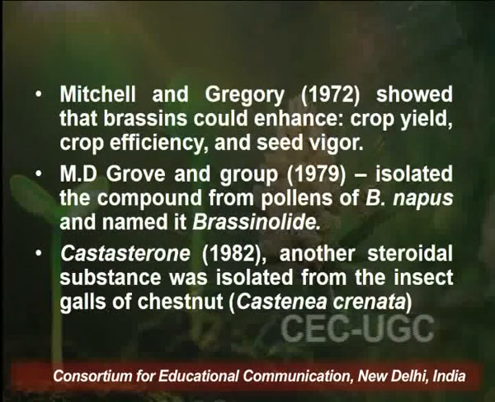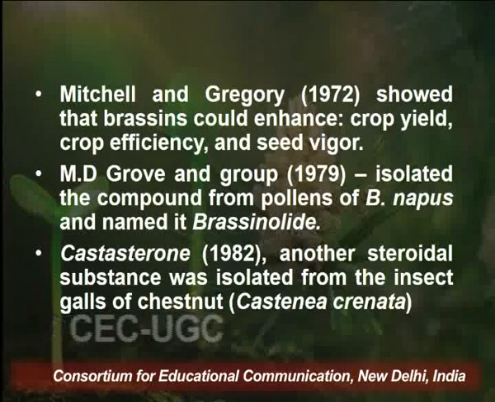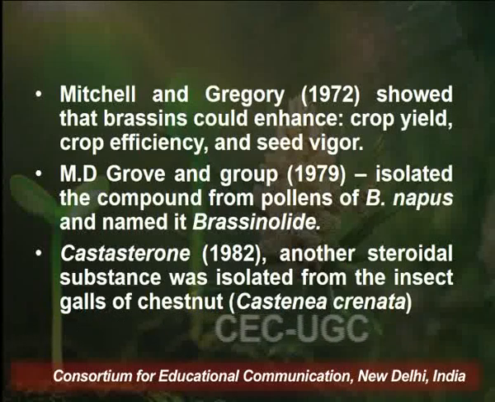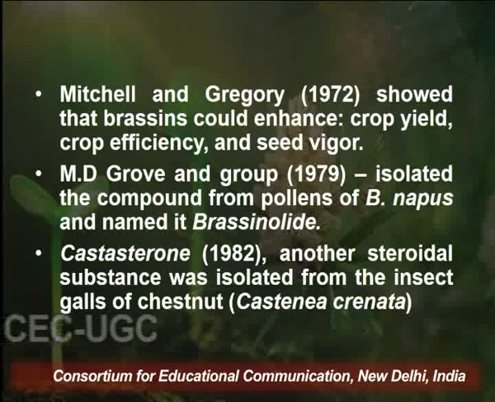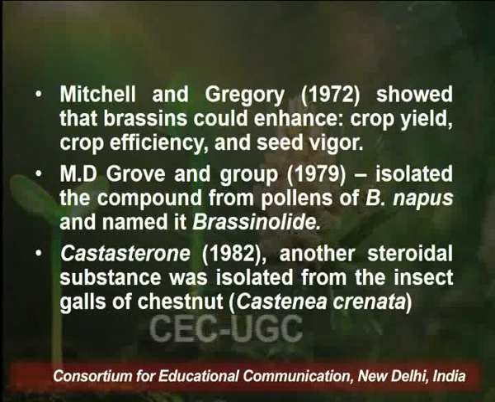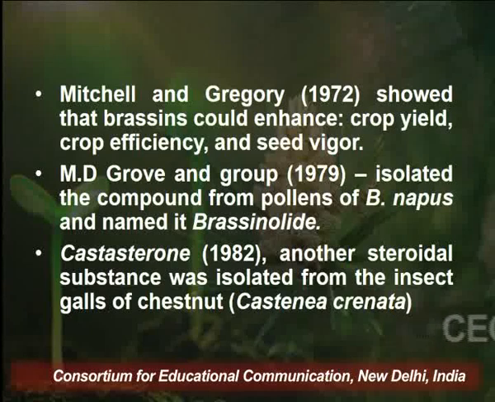Later in 1972, Mitchell and Gregory showed that brassins could enhance the crop yield. Not only that, they also showed that it enhances the efficiency of the crop against various stress conditions. Brassins also improve the vigor of the seed. So these were a few of the effects exhibited by brassin.